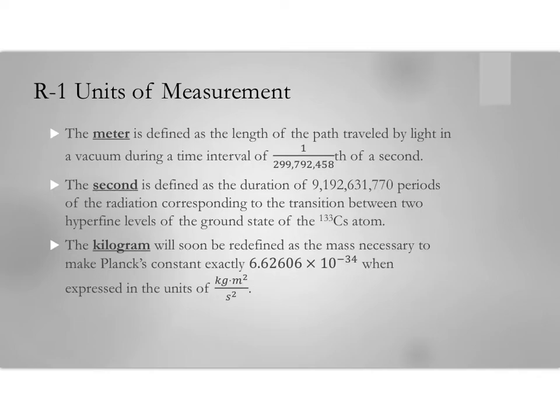And you can see there's kilograms in there, and we'll get into what the units of Planck's constant normally are expressed as later, but it's making that value exact. And you can see it's got meters and seconds in there, which are already constant values. So that gives us just the kilogram.